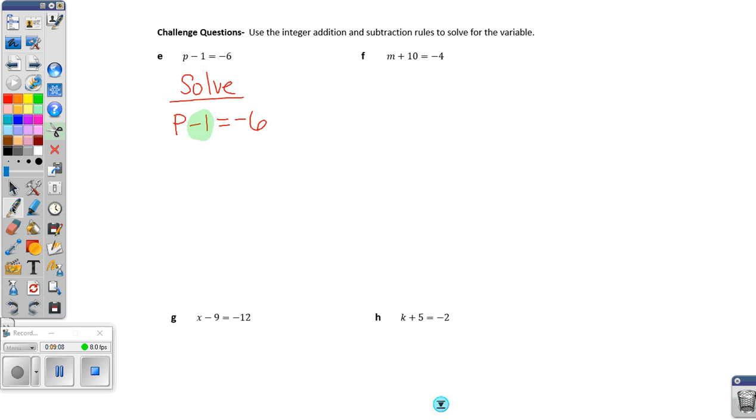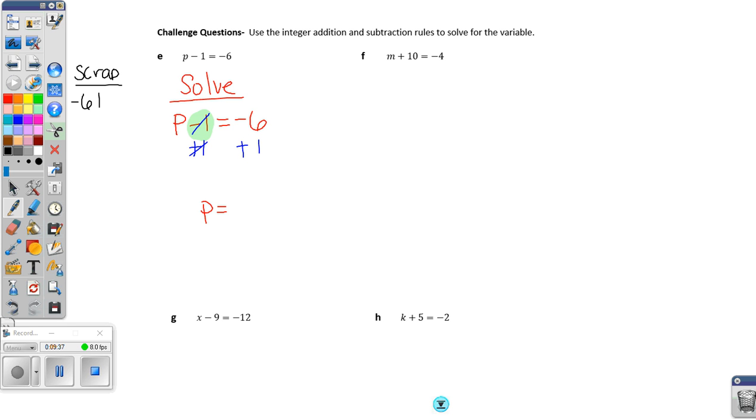Instead of subtracting 1 like I have in my equation, I'm going to add 1. Negative 1 plus 1 is equal to 0. That's why they cancel out. Now I'm going to add 1 to the other side, and I'm left with p is equal to negative 6 plus 1. I'm just going to write off here. This is going to be my scrap work.